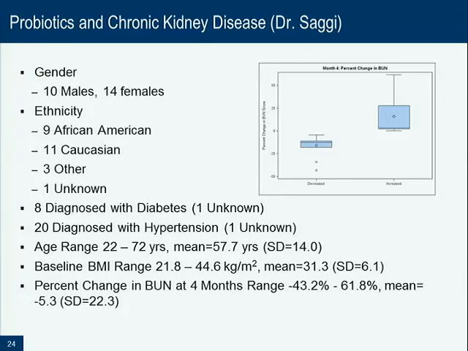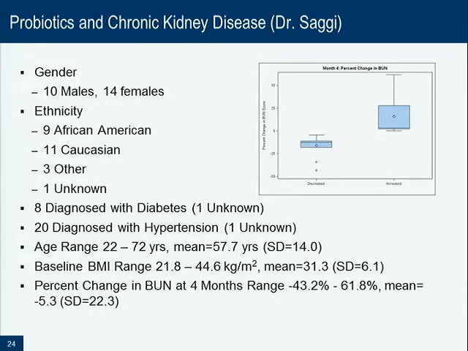So Dr. Sagi shared all the clinical data with us, and our statistician, Susan McRitchie, found that there was a significant decrease in BUN in some of the patients who were on probiotics for 4 months, and then the BUN either remained the same or elevated in the other patients who were on the probiotics. So that was our clinical measurement that we could get out of all the metadata that was provided.